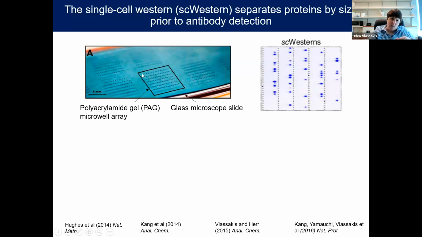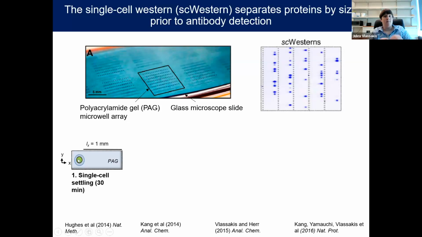And each microwell patterned in the surface can accommodate a single cell, and the diameters of those wells can be tuned to the diameter of your cell of interest. And so essentially cells are settled in the microwell array by gravity settling. And then across the entire array, a buffer that lyses the cells and denatures the proteins, at least in the initial single cell Western blot assay format.